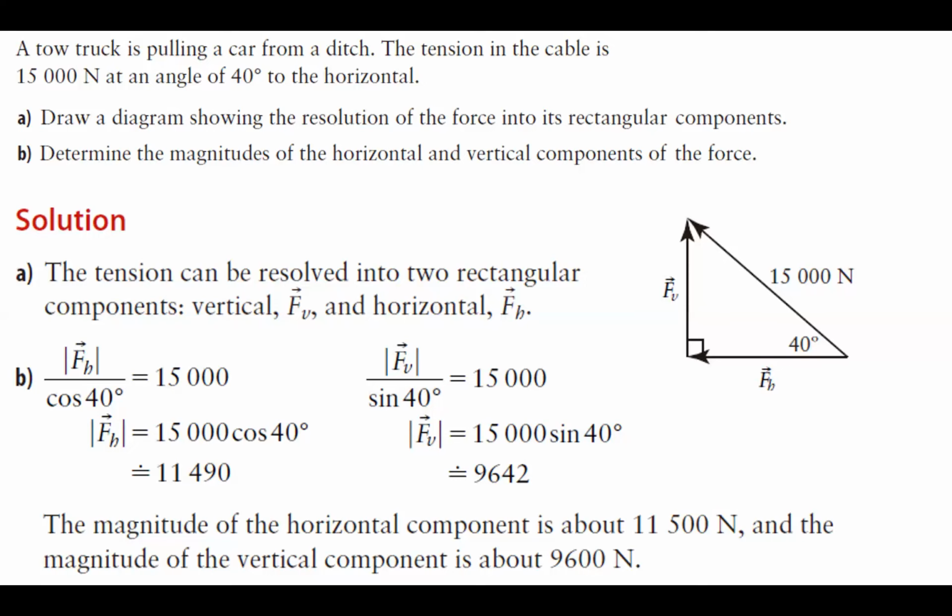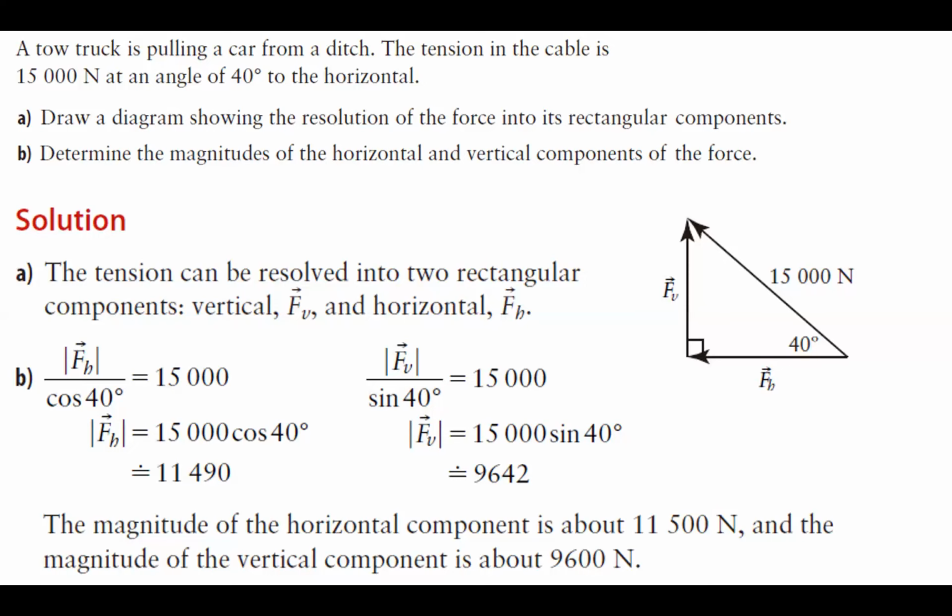The unit is Newton. And the magnitude of FV is 15,000 times sine 40 degrees, which is about 9,642 newtons.